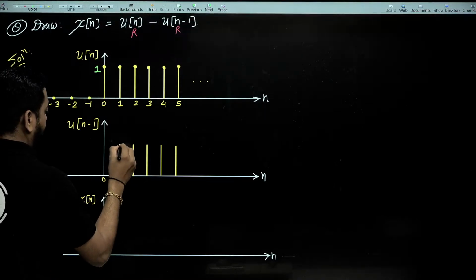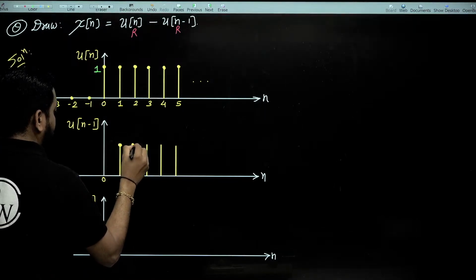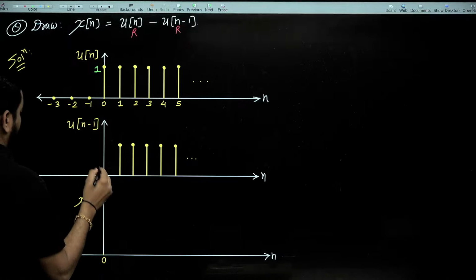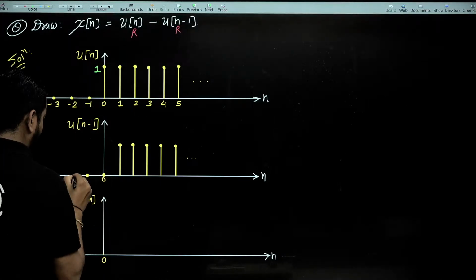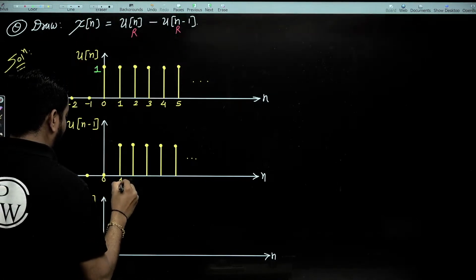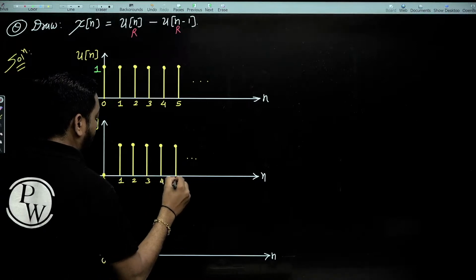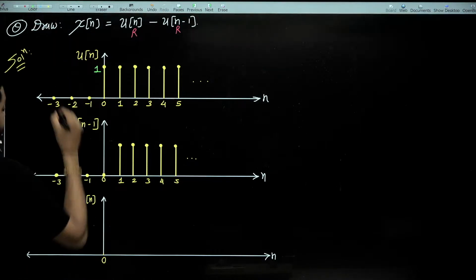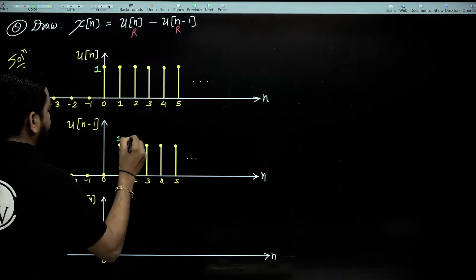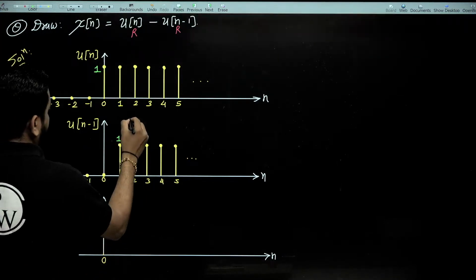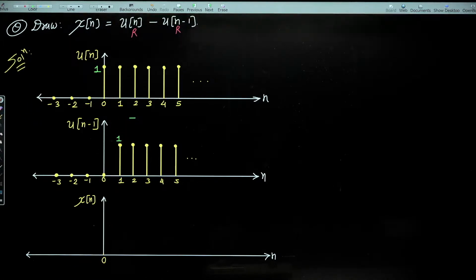So starting from n equal to 1 and going towards right sided, because right sided signal. 1, 2, 3, 4, 5, minus 1, minus 2, minus 3. And here amplitude is 1, guys. Correct? Now see, if you do the subtraction, guys, sample by sample, time by time, subtraction of all the samples.